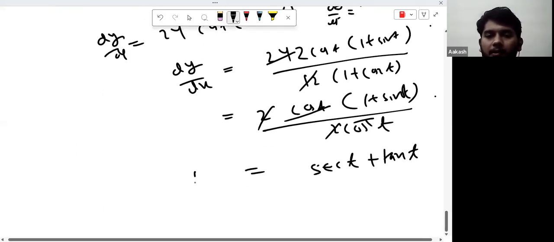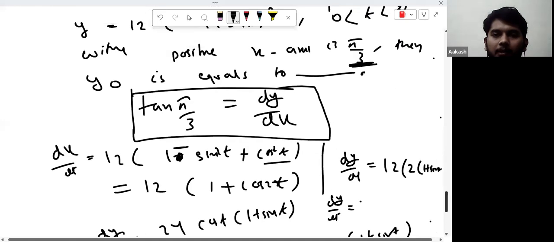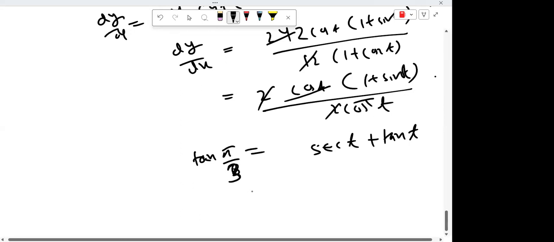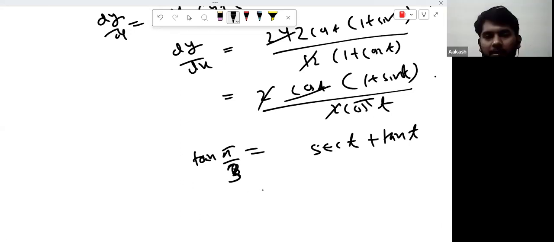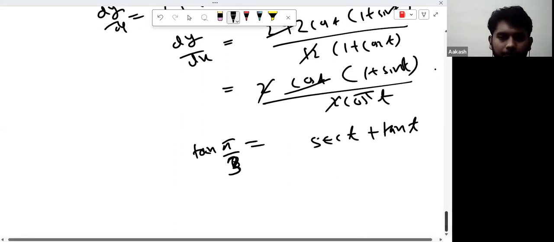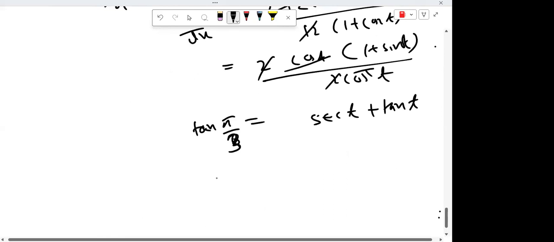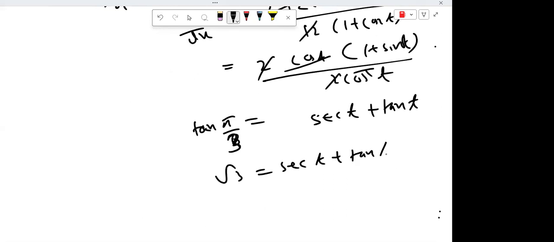And this is given as tan pi by 3, right? dy by dx is given as tan pi by 3. What is the value of tan pi by 3? Root 3. Okay.